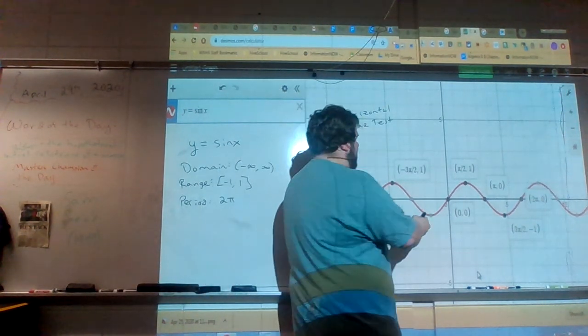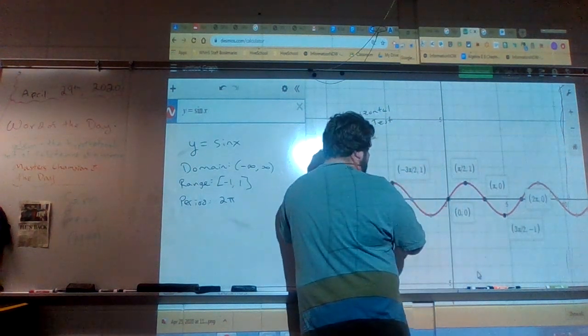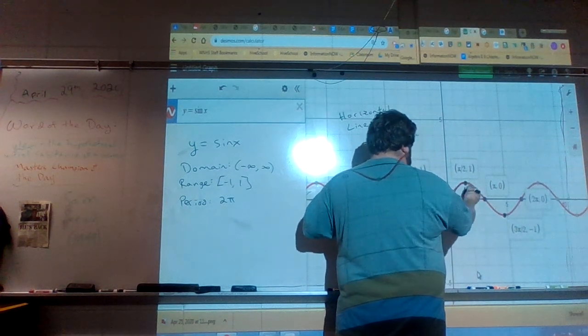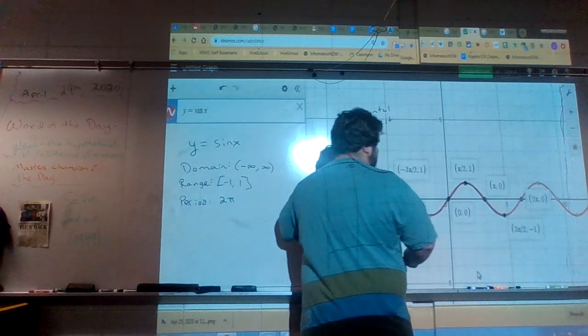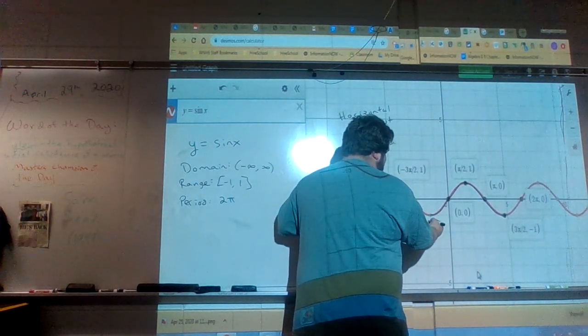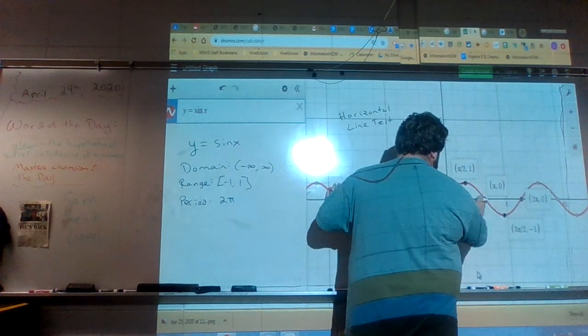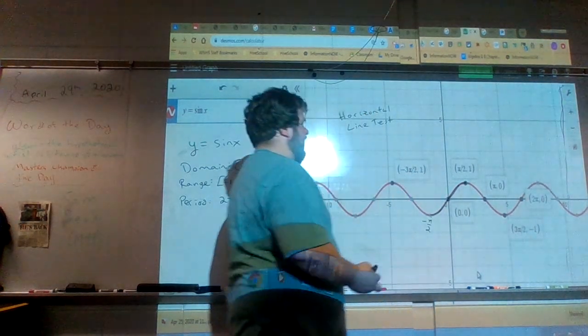So they actually chop off everything but this little piece right here, so we go from, say, negative pi over 2 to, say, pi over 2. Actually, sorry, I went a little bit too far. They actually chop off everything but that.